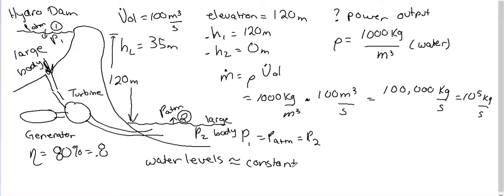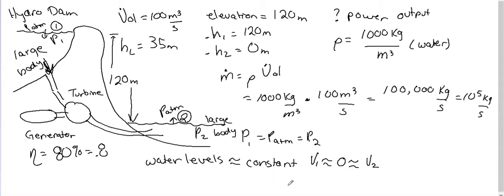So if that's the case, and you do always make certain assumptions, this is the one assumption you will make for large bodies of water. We're going to say that the velocity at point 1 is approximately equal to 0, which is approximately also equal to the velocity at point 2, because the water levels really aren't significantly changing.